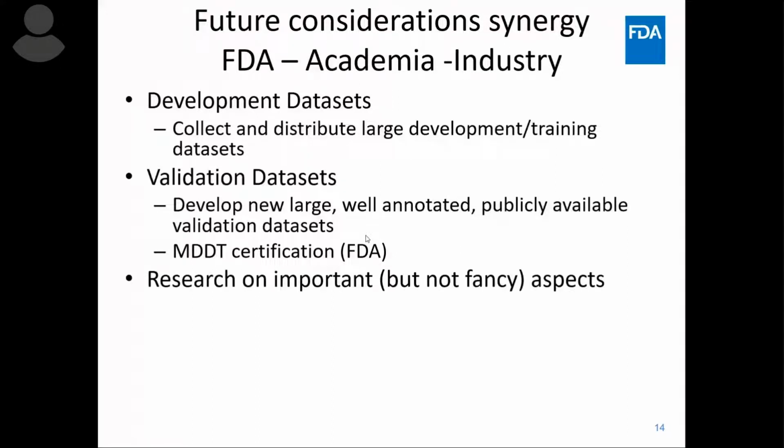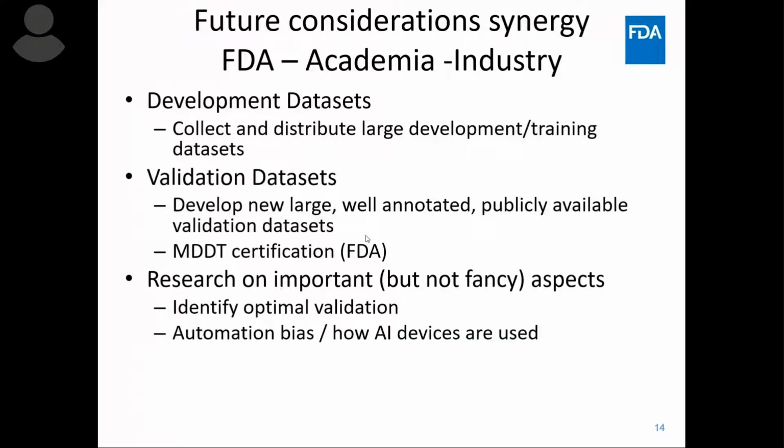It's also important for the academic community to work on some aspects that are not as fancy as creating a new machine learning artificial intelligence thingy, but are very important for us in figuring out the optimal validation. We don't want to ask for too much validation data, but we also want to be sure about what is going to be on the market.